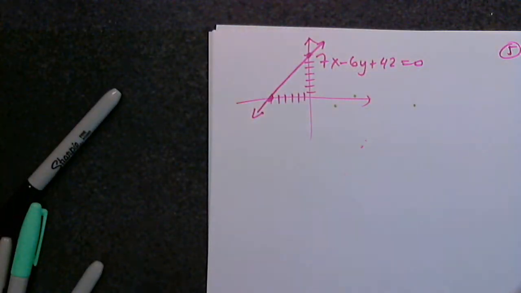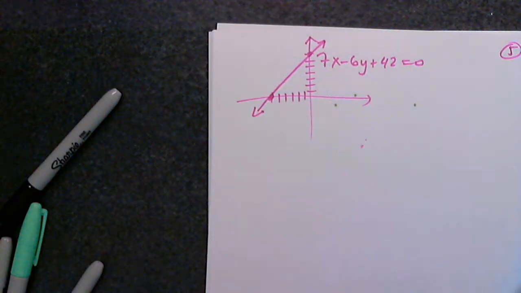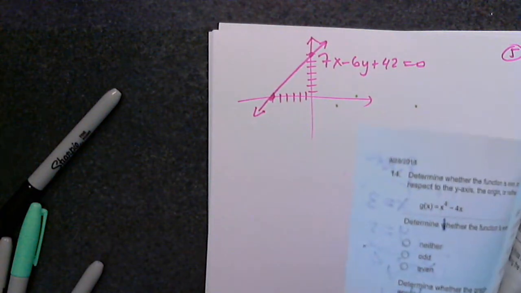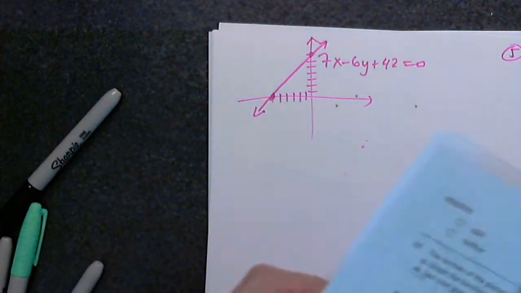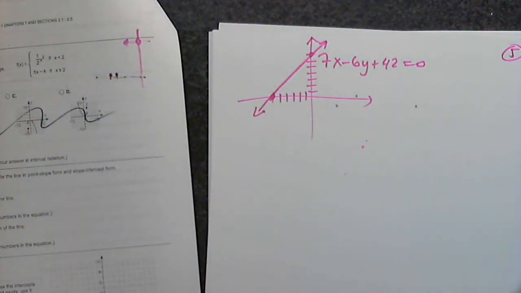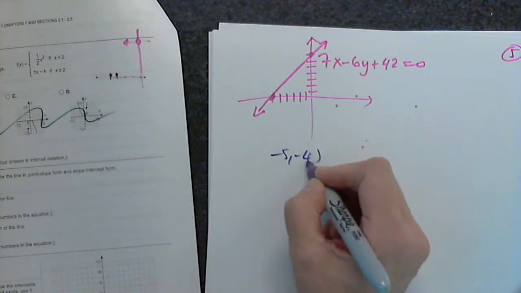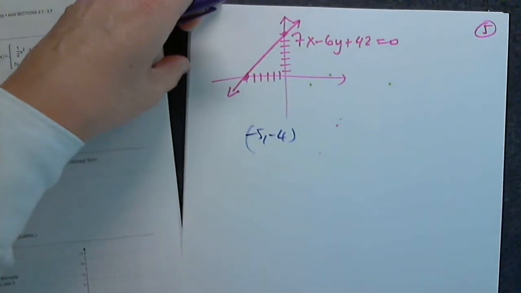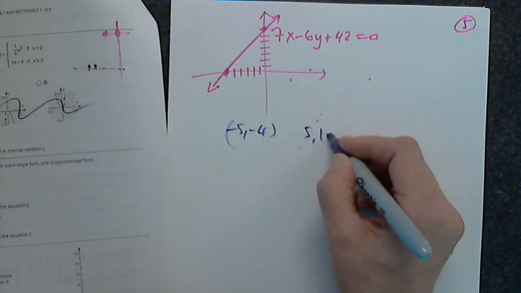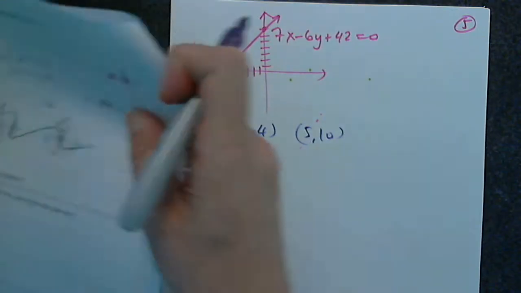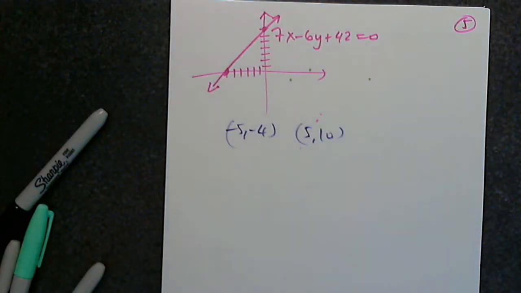Is there anything else? Yes. Let's look at 17. In 17, we are given 2 points, negative 5, negative 4, and 5, 10. And we are asked to find the equation of the line passing through them.